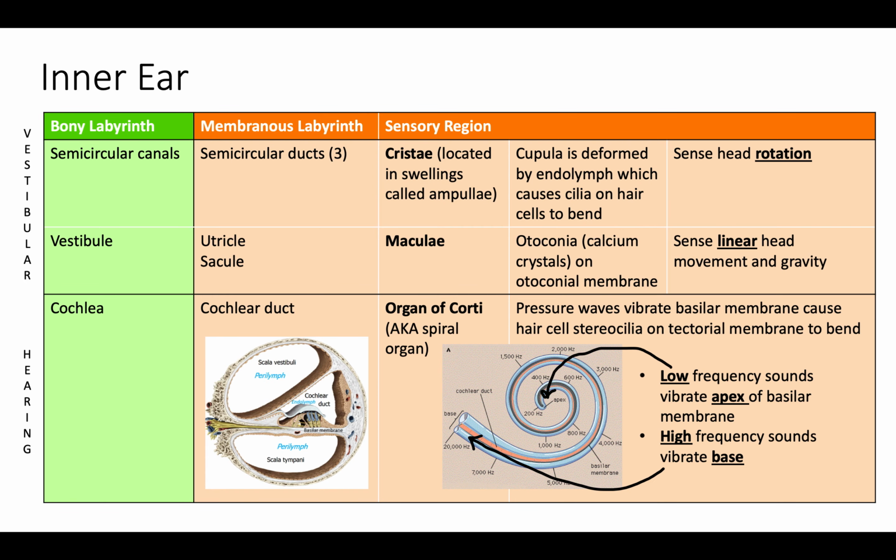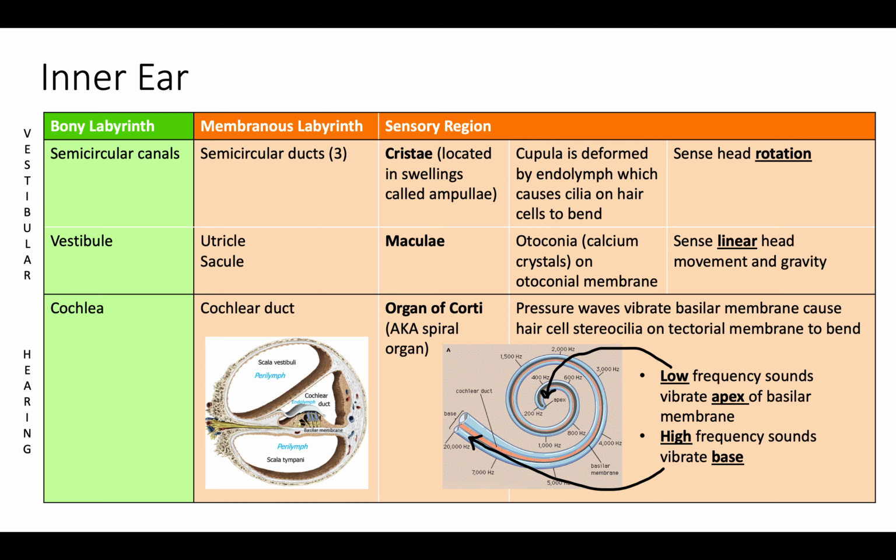Okay. So we've got semicircular canals and then the vestibules as part of the vestibular portion of the ear. So the semicircular canals have 3 ducts, and they have cristae, which are the sensory portion, and then the cupula is deformed by the endolymph causing the cilia to bend, and it's sensing rotation.